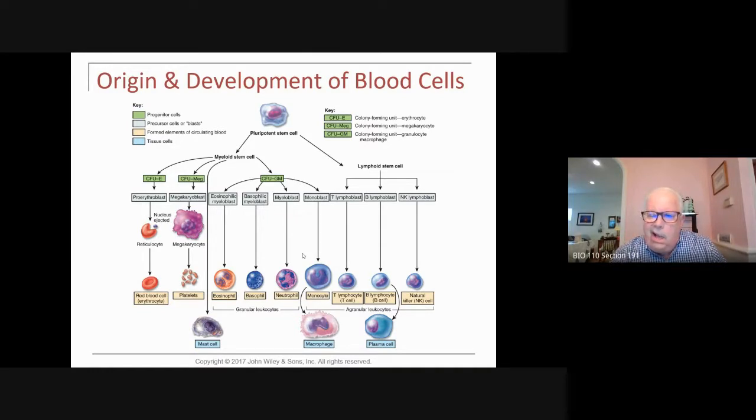Let me put it to you this way. I don't want to get into chapter 22 in any great detail, but since you asked the question, I will try and help you understand. You're exposed to someone who has COVID-19.